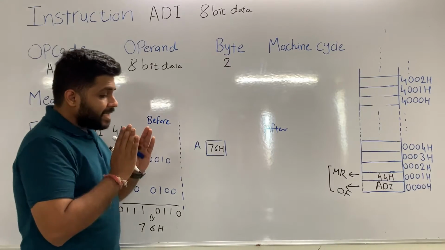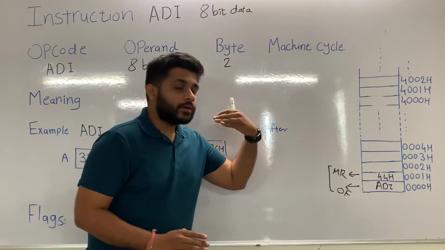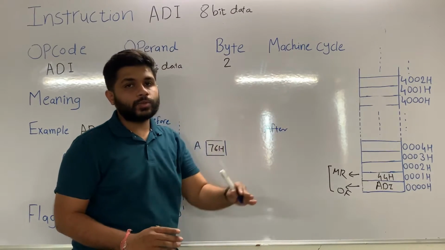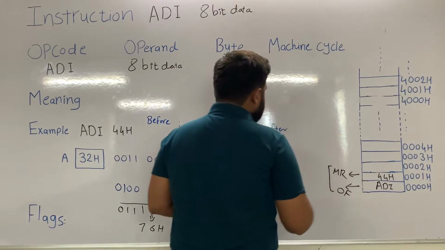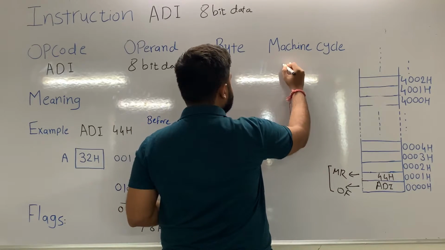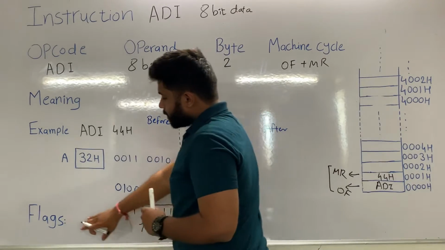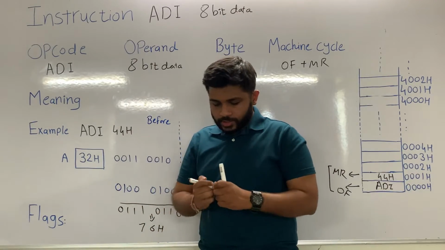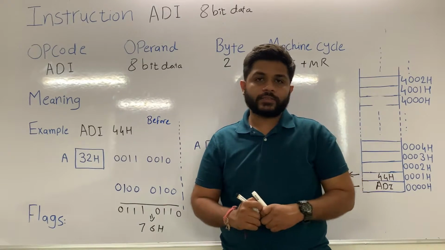So in the execution process, the microprocessor is not reading any data from the memory or to the memory. So it means for this instruction only 2 machine cycles are required, that is opcode fetch plus memory read. What will be the status of flags? When this instruction is executed, all the flags will be affected according to the result.